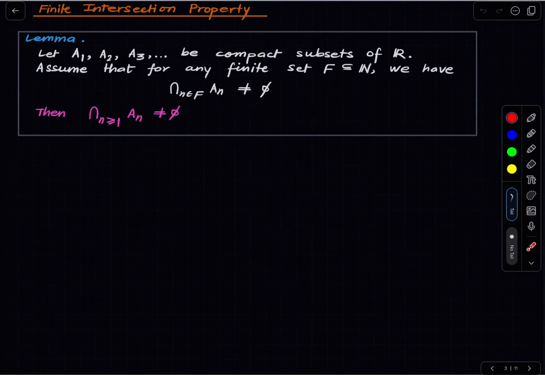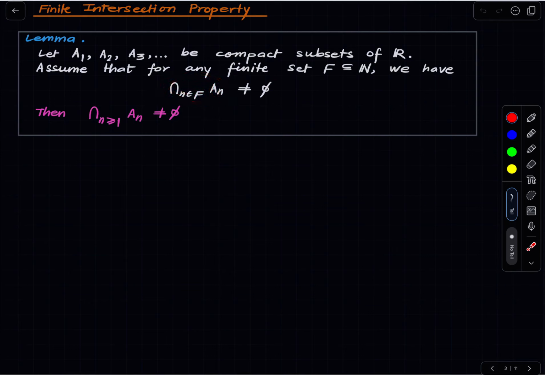So first we will prove this finite intersection property. Suppose we have a sequence of compact subsets of R, A1, A2, A3, and so on, all compact subsets of R. Assume that whenever we pick a finite subset F of natural numbers, the corresponding An, where n is varying over F, have a non-empty intersection.